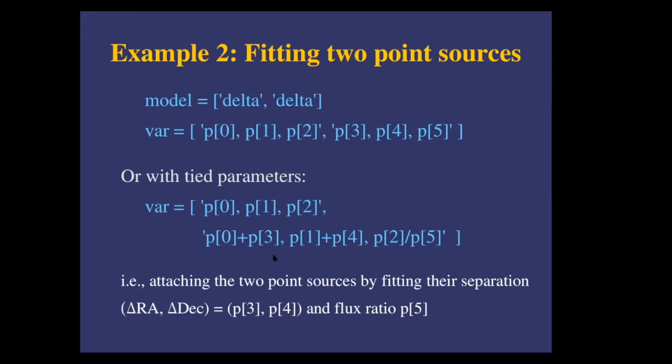So the offset will be P3 and P4 for the separation in right ascension and declination. And you also can tie the flux by fitting the flux ratio here as P5. Okay. So in this case, I have 2 sources separated by this separation in right ascension and declination, P3, P4, and the flux ratio P5.